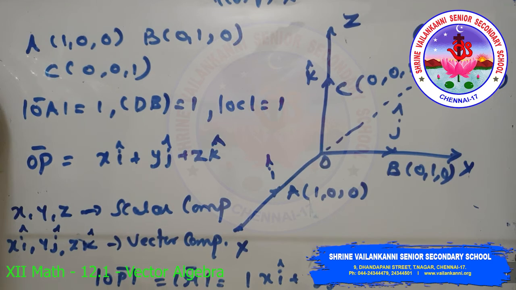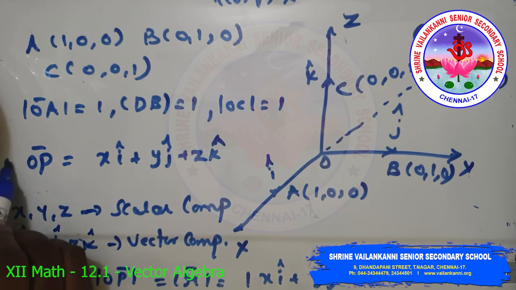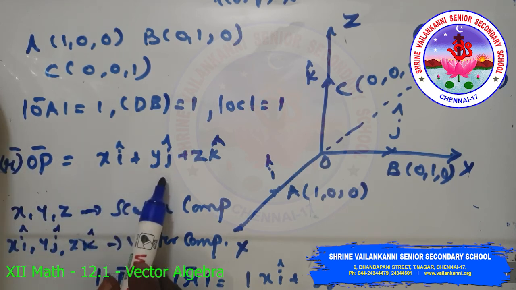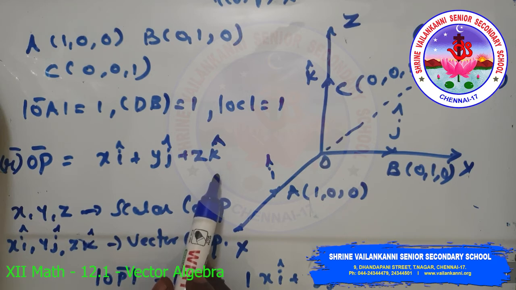Hence, the position vector of P with reference to O, which is given by OP, which is r, is equal to xi plus yj plus zk. This form of any vector is called its component form.